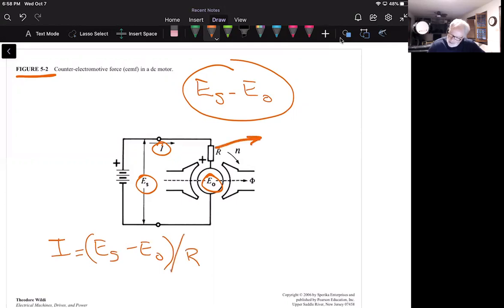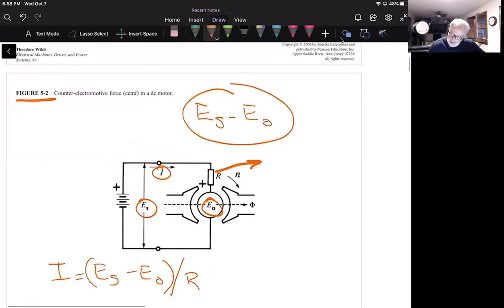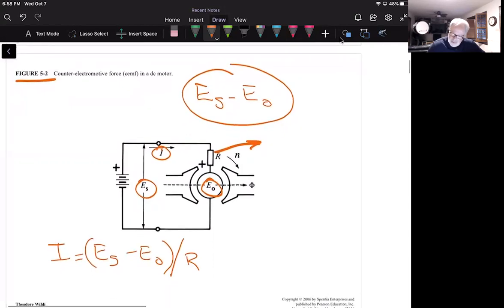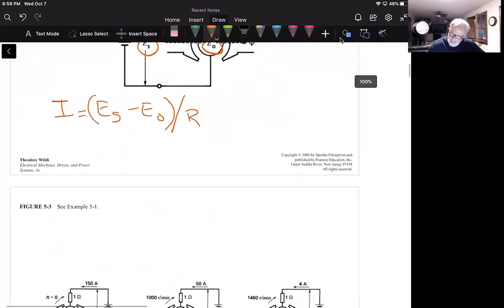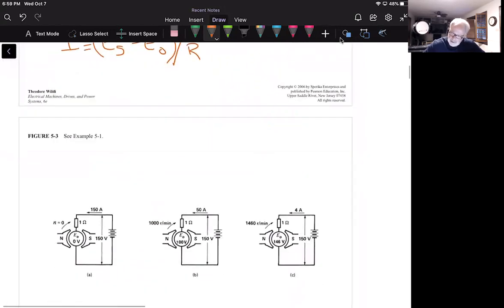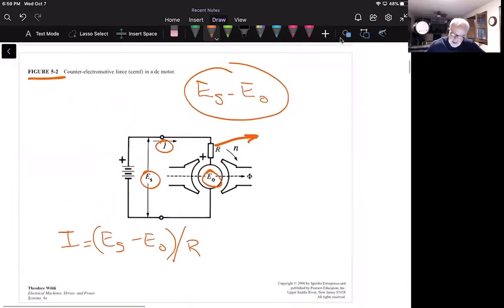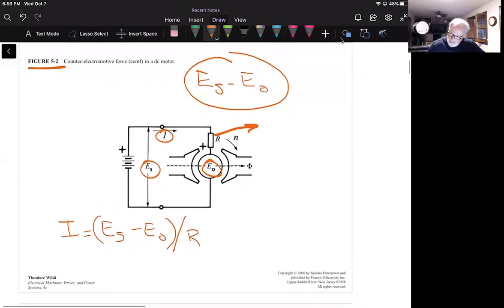And the resistance in the circuit consists of the copper losses that occur in the actual armature conductors, okay? So anytime we have conductors, they're going to have some small resistance, and that's what we have here.